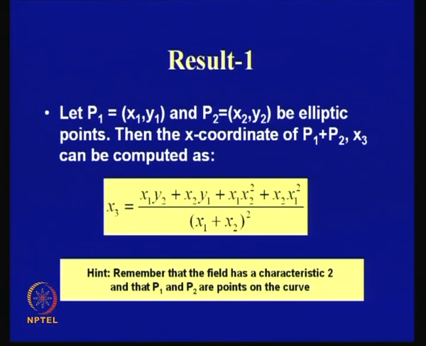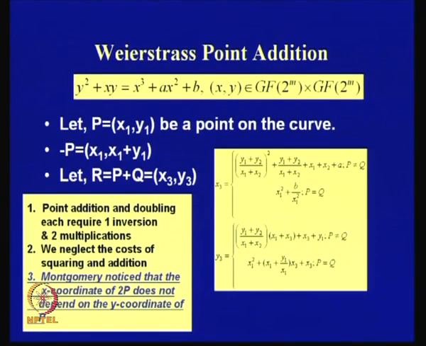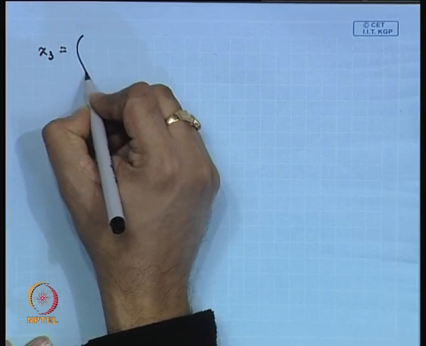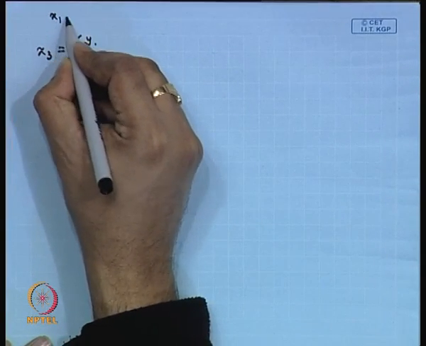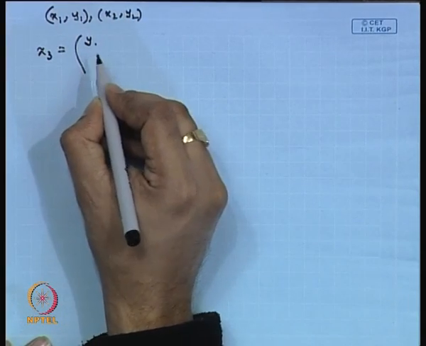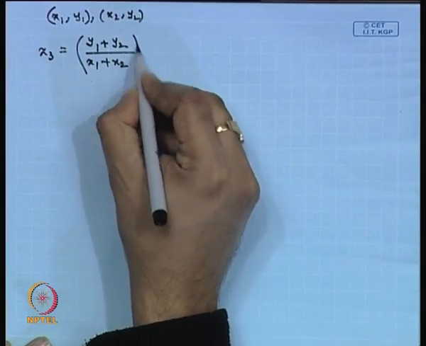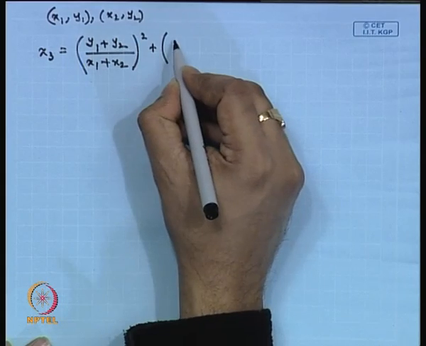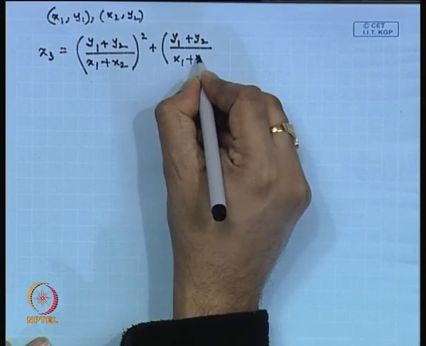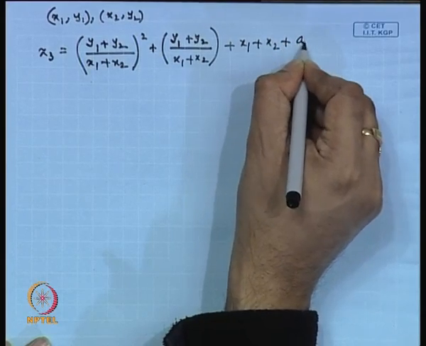First of all let us observe the corresponding sums here. I am just writing down the results. I am adding x1, y1 and x2, y2, and the corresponding sum x3 is stored as ((y1 plus y2) divided by (x1 plus x2)) whole square plus (y1 plus y2) divided by (x1 plus x2) plus x1 plus x2 plus a.